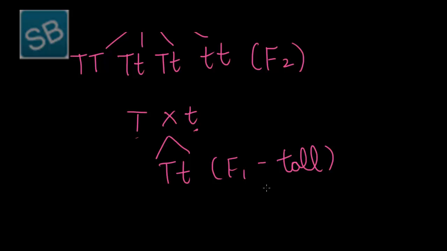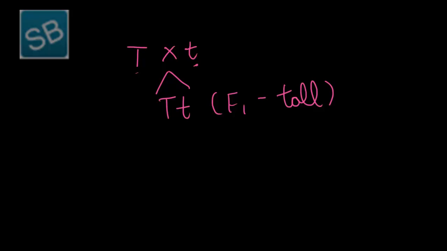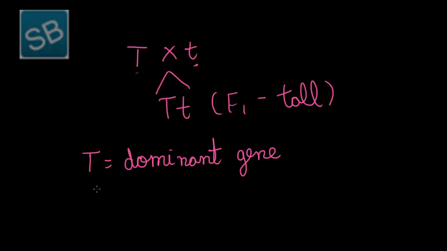Because of this, the gene or the allele that expresses the tall plant is considered the dominant gene, while the dwarf trait that does not express itself in the presence of the tall is called the recessive gene. Here, capital T represents the dominant gene, while small t represents the recessive.